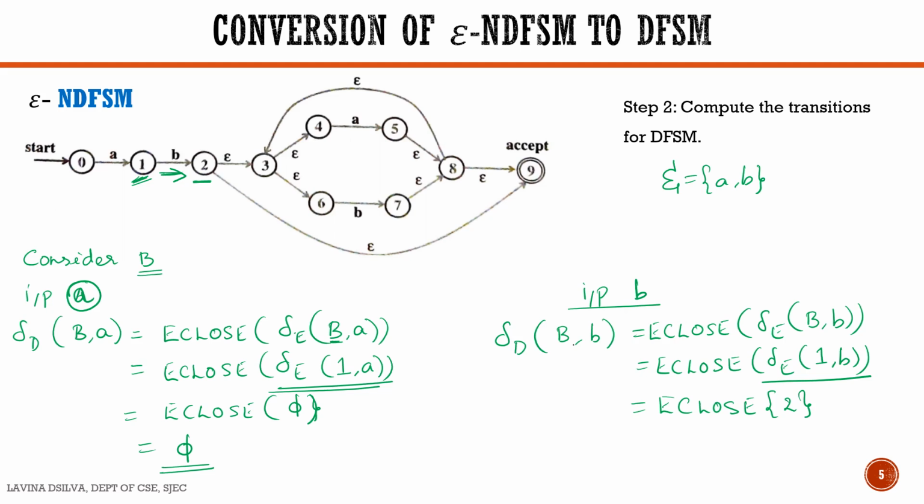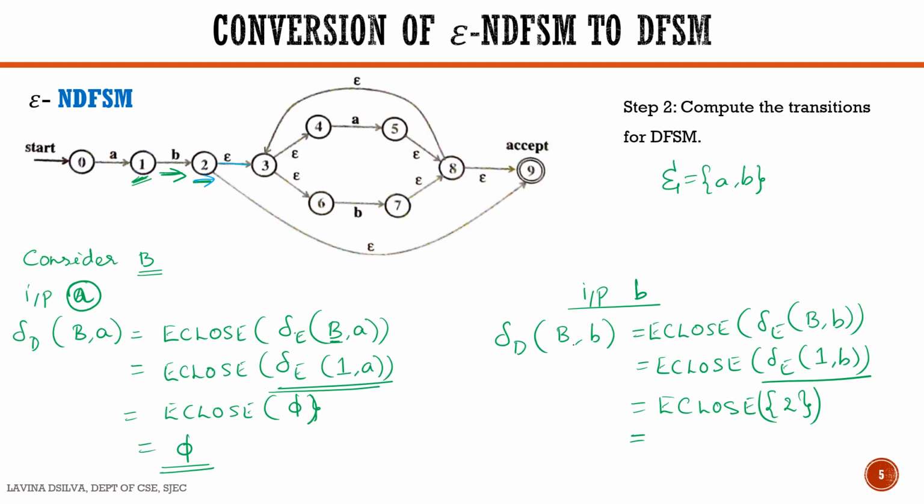state 2. What is E closure of state 2? What is E closure rather? It is all the reachable states from a particular state when we have epsilon transitions only. So from state 2, which are the states which are reachable on receiving epsilon transitions?